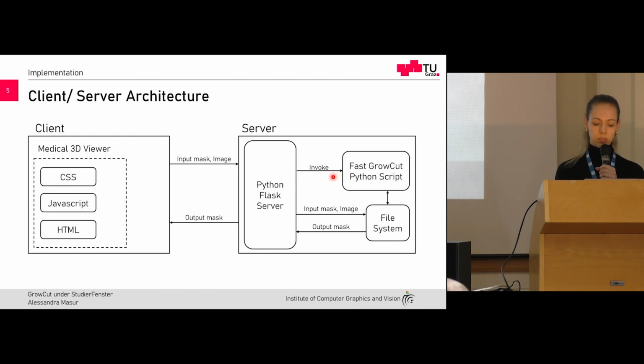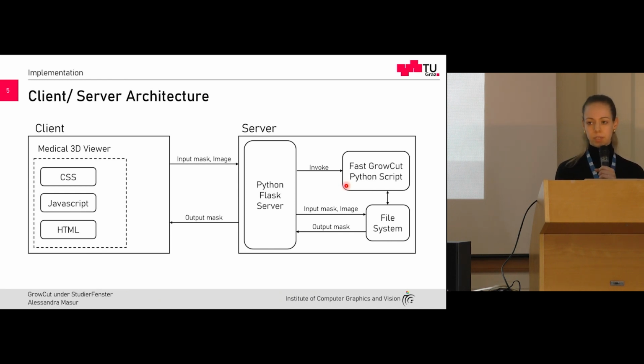So as you see, the GrowCut in the StudierFenster is an implementation of the Fast GrowCut. That's why I was mentioning it earlier. And it is done as one single Python script. So it is located on the server because it can be computed faster and more reliably on the server.